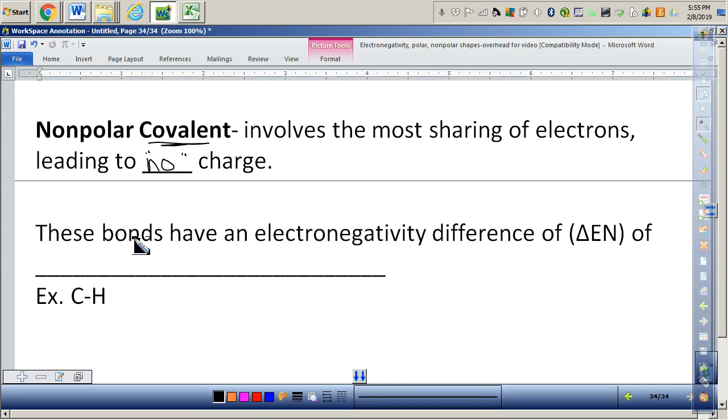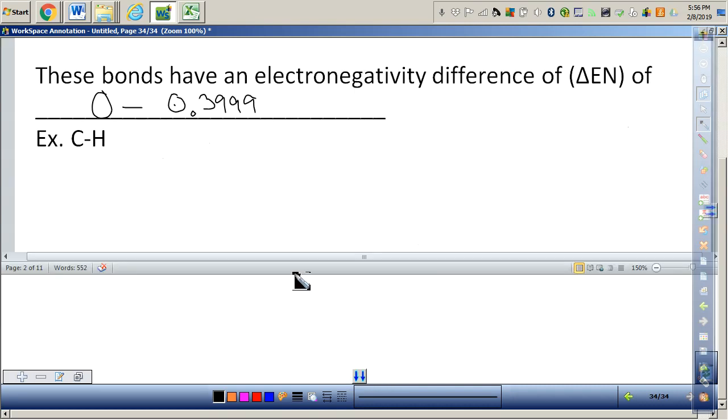Okay, these types of bonds have an electronegativity difference of somewhere between 0 and up to 0.4, so 0.39999 repeating. Carbon-hydrogen is an example of a nonpolar bond. Carbon has an electronegativity of 2.55.